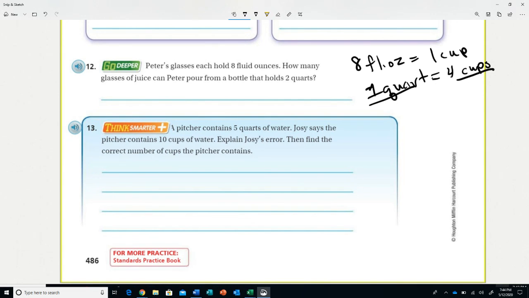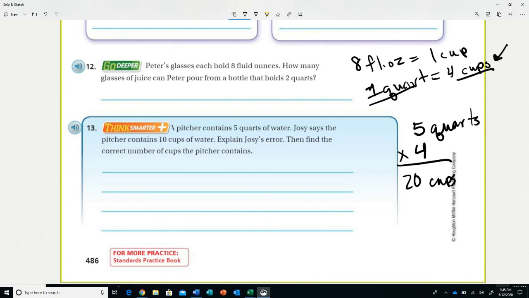So again, we're using 1 quart equals 4 cups, except now we're talking about 5 quarts of water instead of 2 quarts. If 1 quart is 4 cups, 5 quarts in cups would be 5 times 4, because every quart has 4 cups. And I would be looking at 20 cups of water.